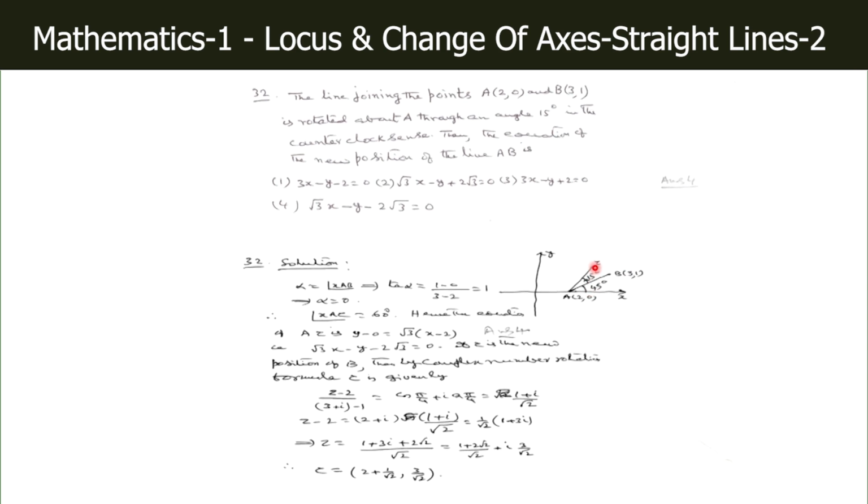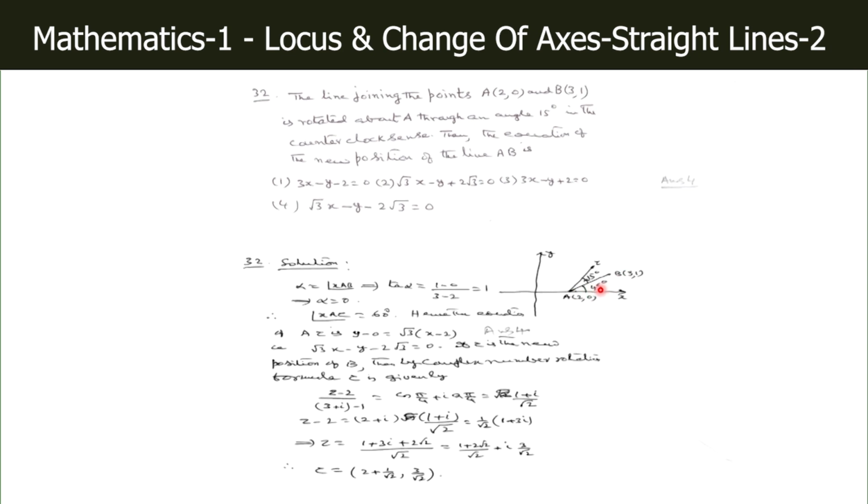Suppose C is the new position of B. Then AC makes an angle of 45 degrees plus 15 degrees with the positive direction of the x-axis, because AB makes an angle of 45 degrees with the positive direction of the x-axis, since the slope of AB is simply 1.